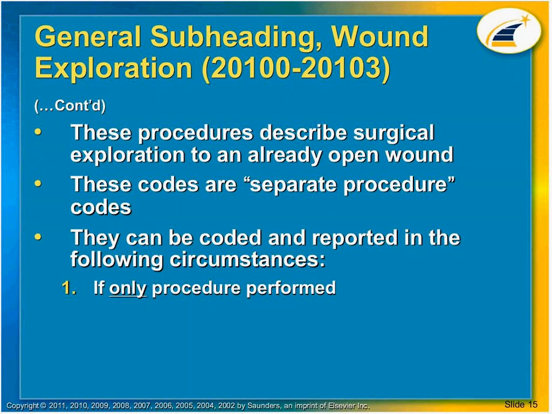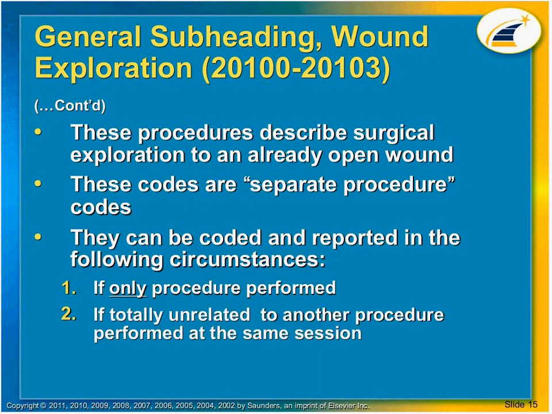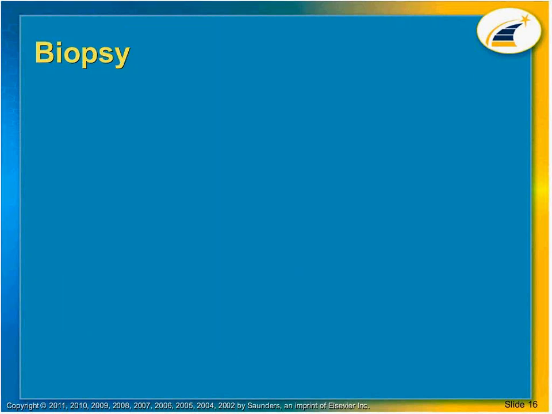But if it's just a wound exploration of an already existing and open wound, then it can be reported alone. And two, if it is totally unrelated to another procedure performed at the same session.